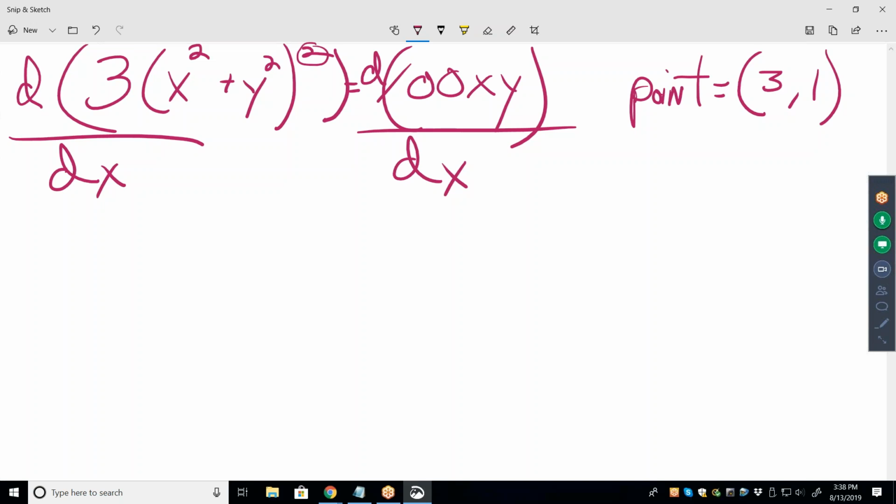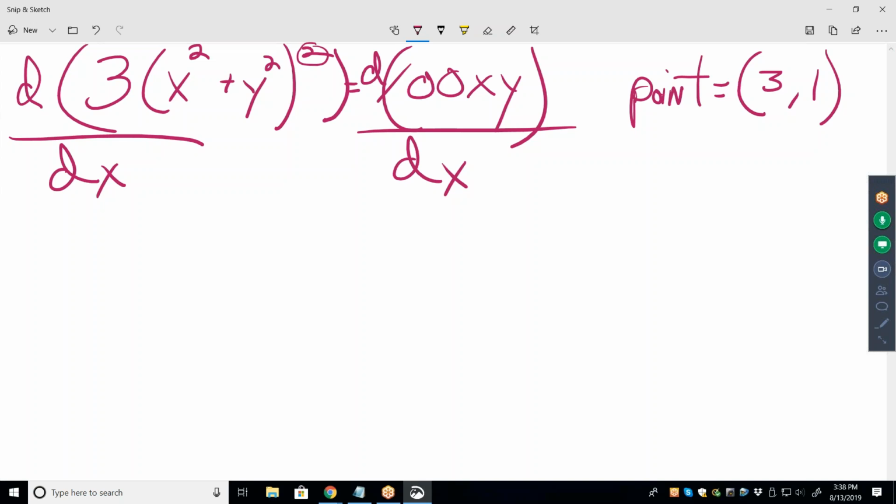And we may have to apply the chain rule and the product rule because we're going to have to differentiate the right side also. And we can see that x is multiplying times y. So let's start out applying just the power rule and also the chain rule. On the left side, you're going to need the power rule and the chain rule.